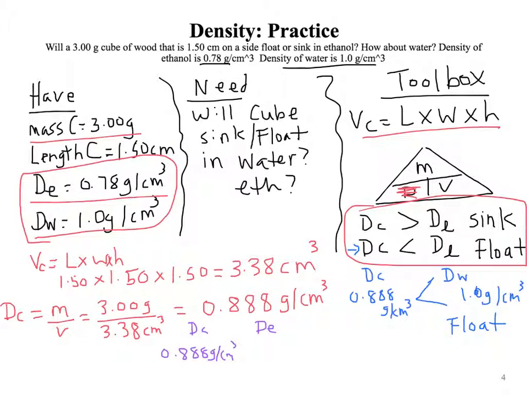And I know density of ethanol they give me is right here, 0.78 grams per centimeter cubed. Okay, well, this is going to be greater than, if we just do regular comparing, 0.888 is greater than 0.78. So because the density of my cube is greater than density of my liquid, it's going to sink.